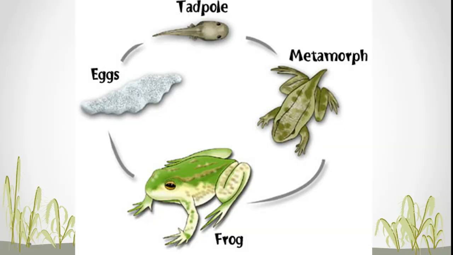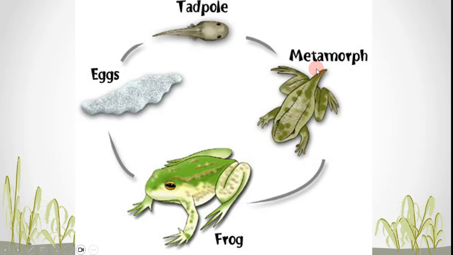That's pretty cool. All right, so the metamorphosis process right here, we start as an egg in the water. The eggs hatch out into a tadpole, all right, breathing with gills, and it starts to form little legs right there. When it gets the legs formed, but is still living underwater, we call it a metamorph. Some people call it a froglet. But it's moving its way toward developing internal lungs, okay?